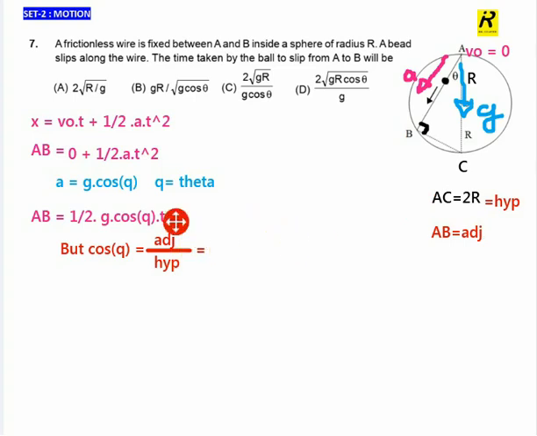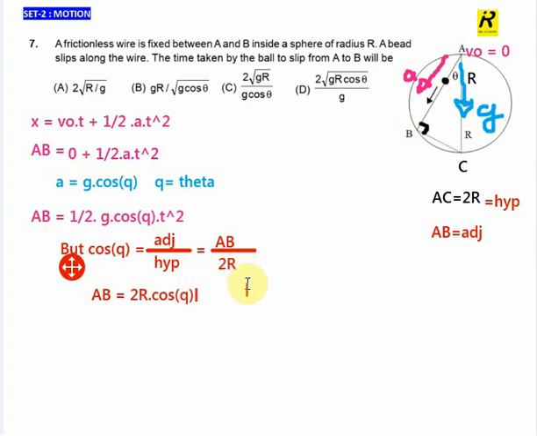So here I can write cos theta is AB for the adjacent, and in the denominator 2R, which is the hypotenuse. So now AB is 2R into cos theta.